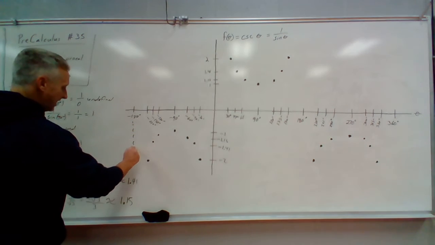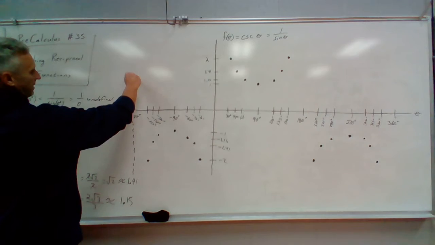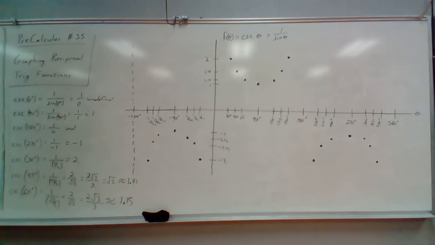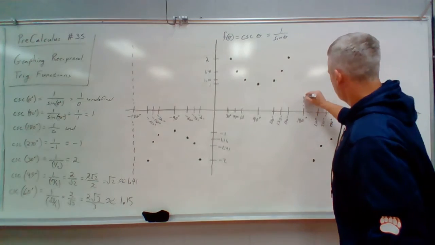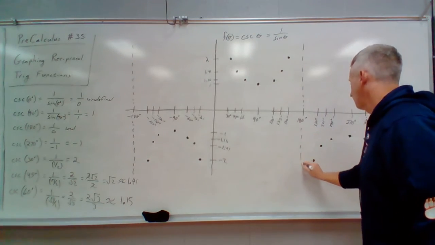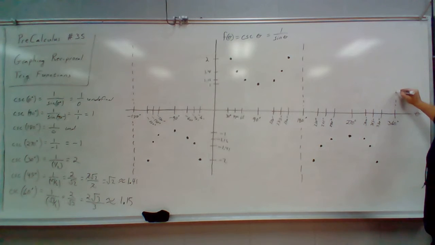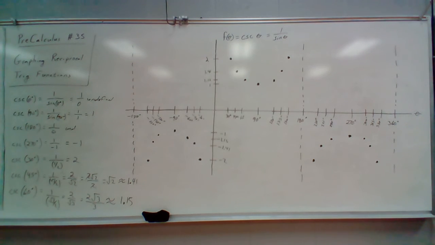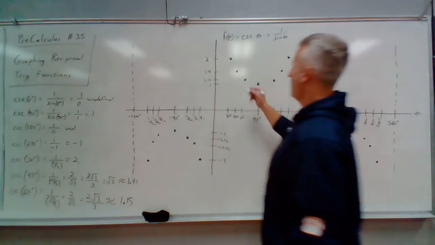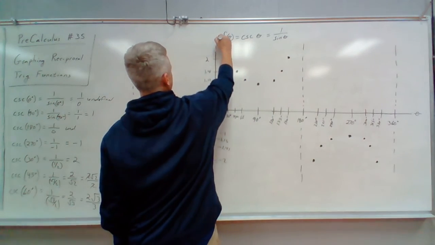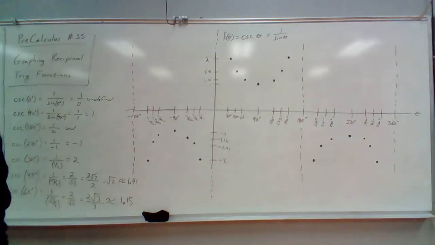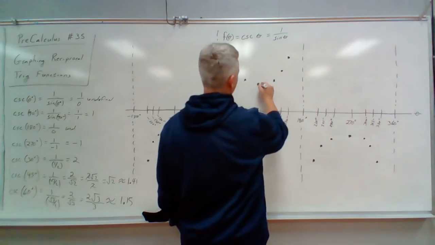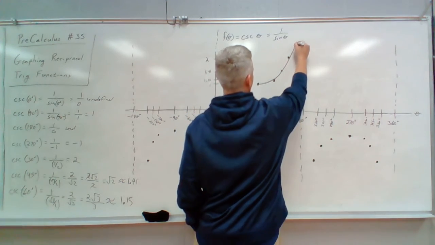We're going to have some vertical asymptotes at the points where the function is undefined. So at negative 180, at 180, and at 360. And also at the y-axis. So it's undefined for 0 degrees. And the graph looks like this.